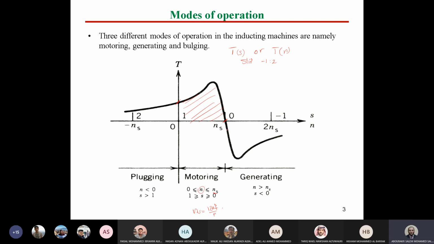However, do we need to operate the machine in generating mode? This is generating mode. As you can see, in generating mode, speed is greater than the synchronous speed. And as you can see also, the torque is negative, which means torque multiplied by omega will be negative.